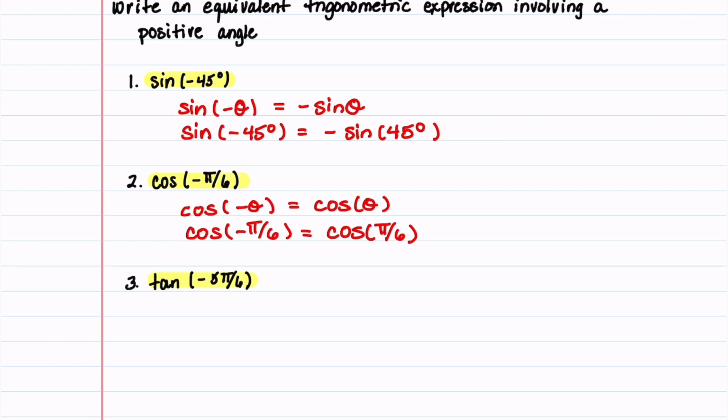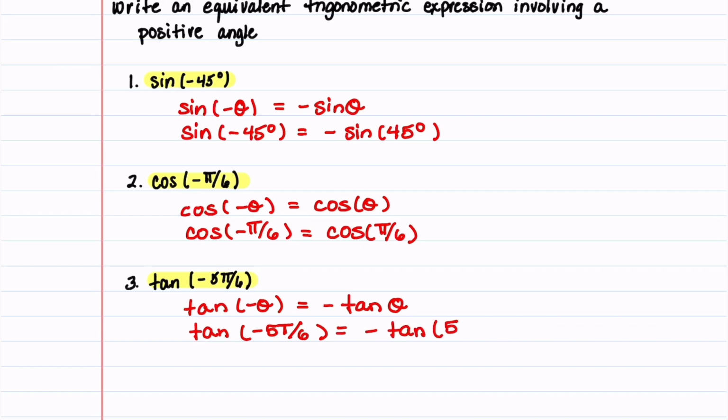Our odd identity tells us that tangent of minus theta is minus tangent of theta. Tangent of minus 5 pi over 6 is then equal to minus tangent of 5 pi over 6.